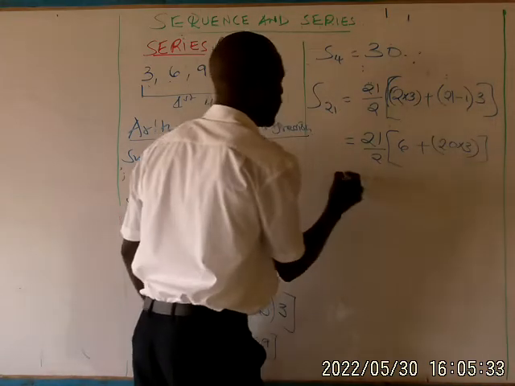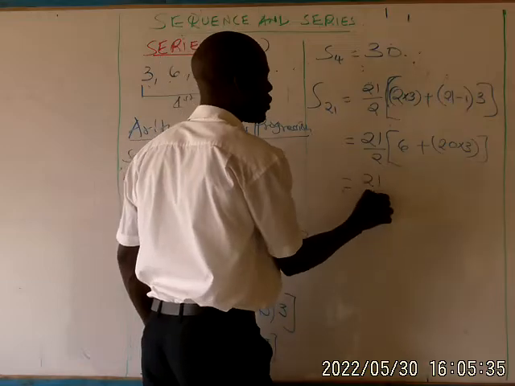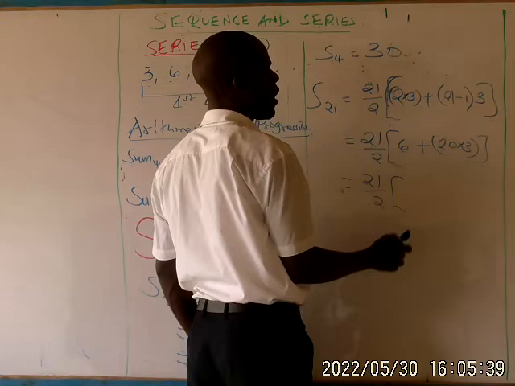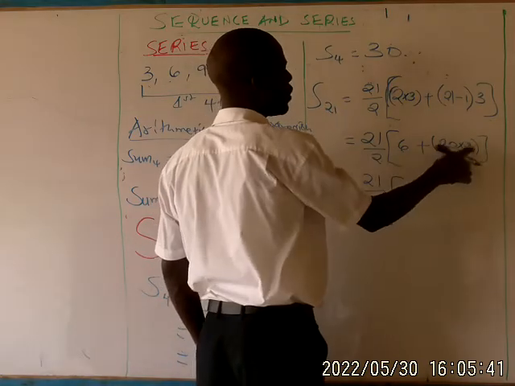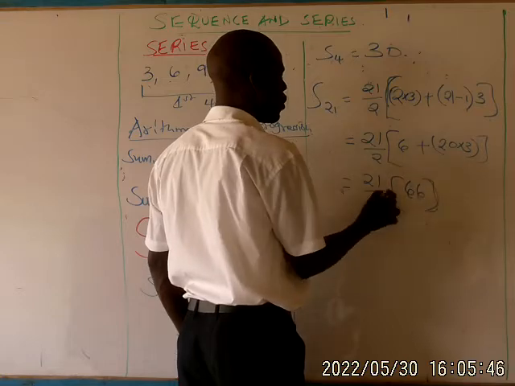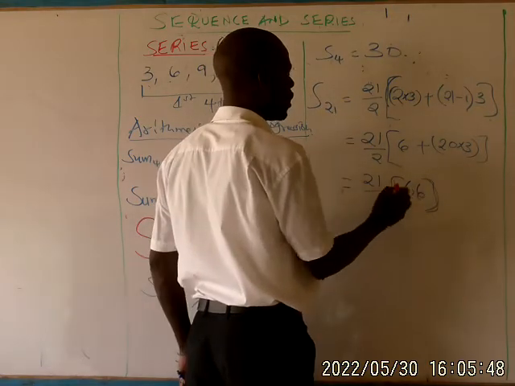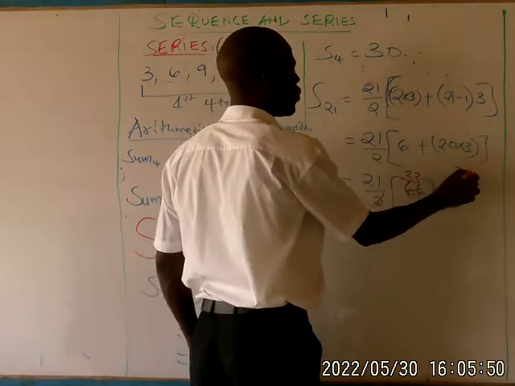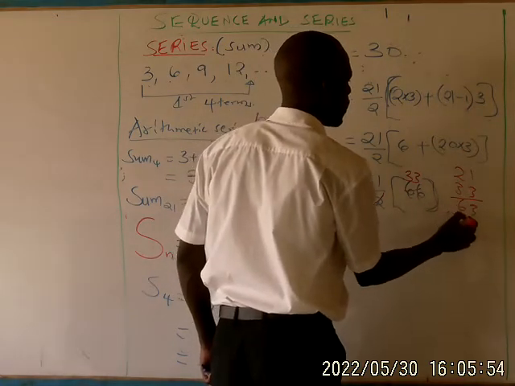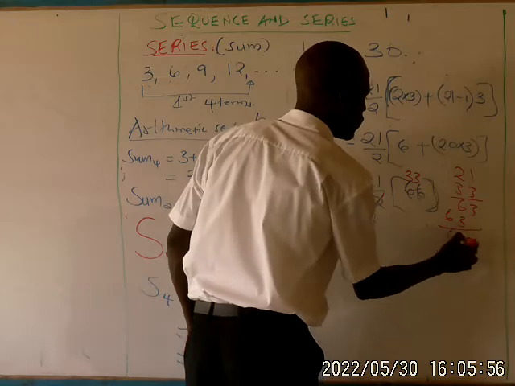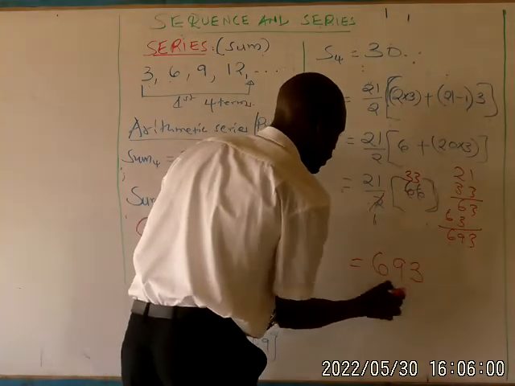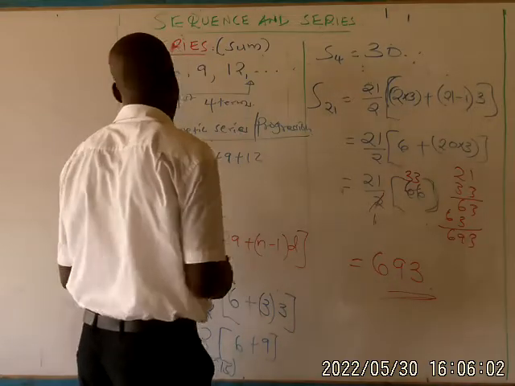This 20 times 3 is 60, plus 6 is 66. Then half of 66 is 33. Then 21 times 33, you get 693. So the answer there is 693. That's what you are able to find.